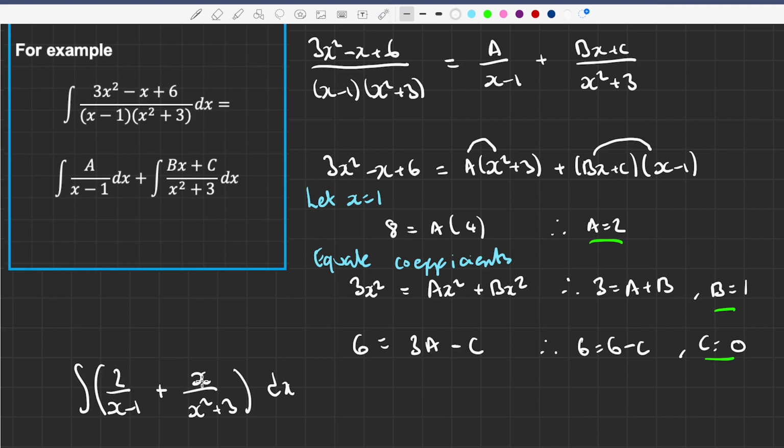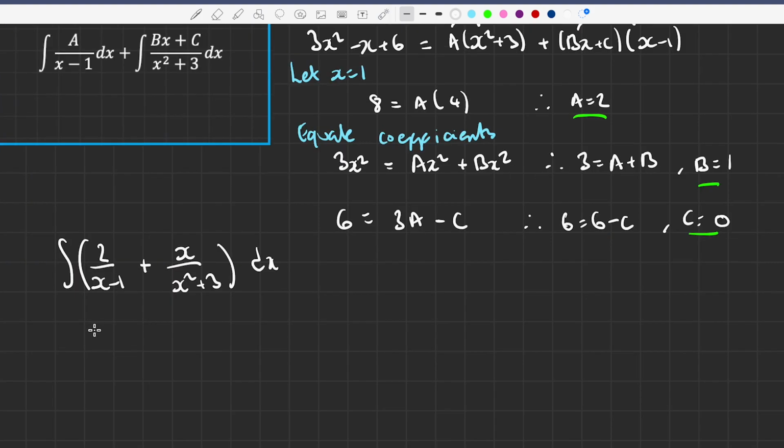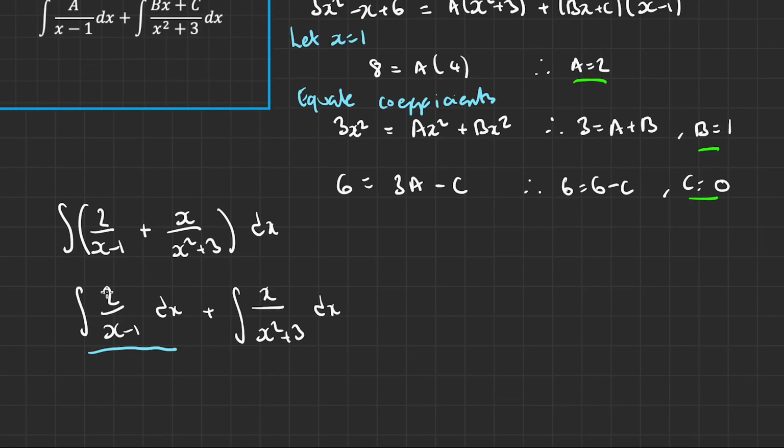And now we can split up this integral. So this becomes the integral of 2 over x minus 1 dx plus the integral of x over x squared plus 3 with respect to x. We'll do this first integral in blue, and we can move a 2 in front of the integral sign.